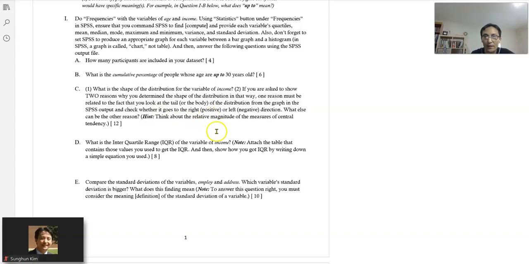Think about the relative magnitude of the measures of central tendency, particularly mean, median, mode. You just compare which is the larger or largest and which is in the middle. So the largest value and the one in the middle, that is the critical point. You can find these two values and then compare, and this is another reason.